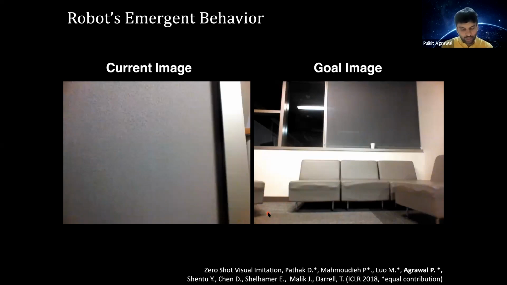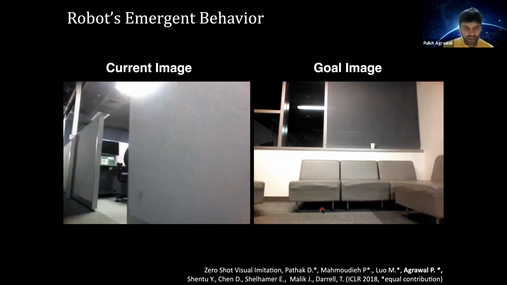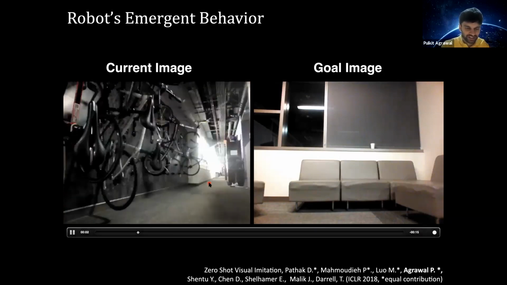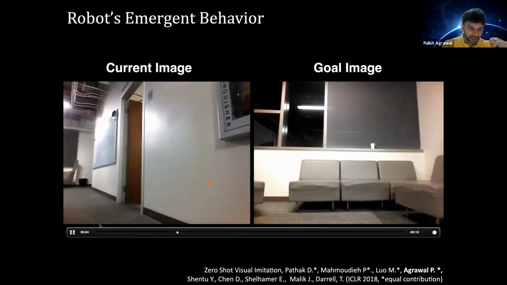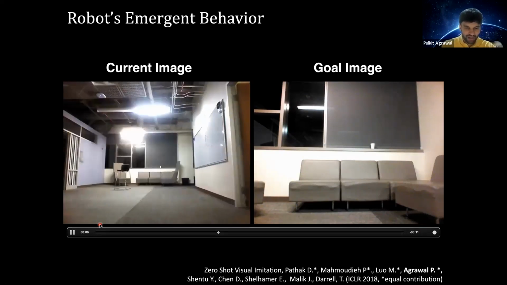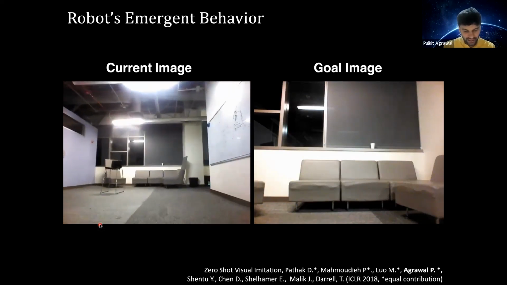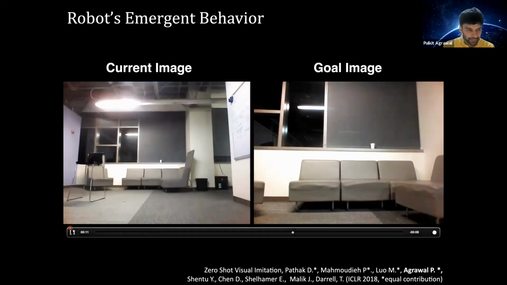So you would want to move around or move back and then locate where the couch is and then go towards it, right? So now let's look at what the system does. Now it ends up locating the couch and then moving towards the couch, right?